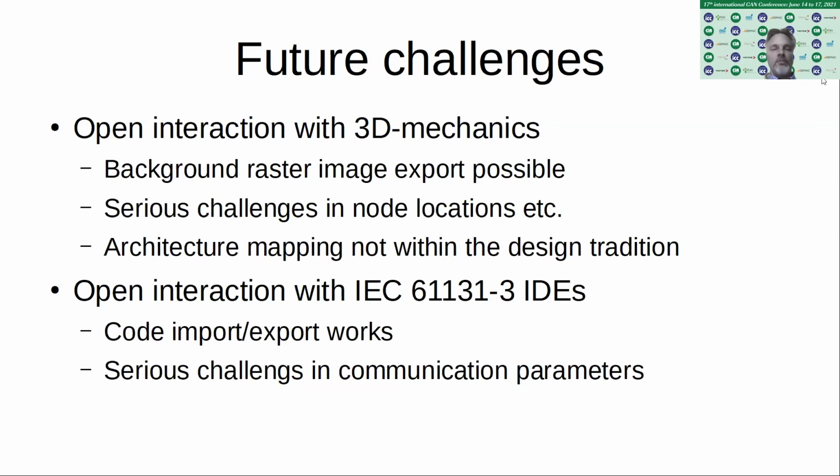So the architecture mapping needs special efforts. And another problem seems to be in the IEC 61131-3 development interfaces, because IEC program code can be imported, exported easily, but communication parameters are not easy to import and export.